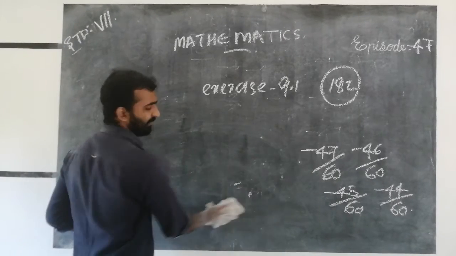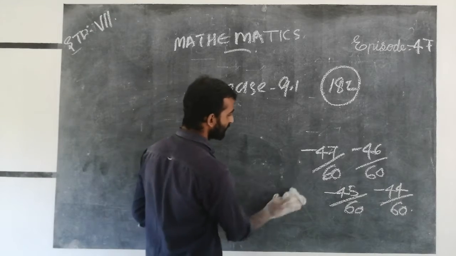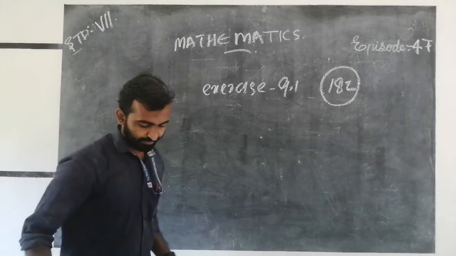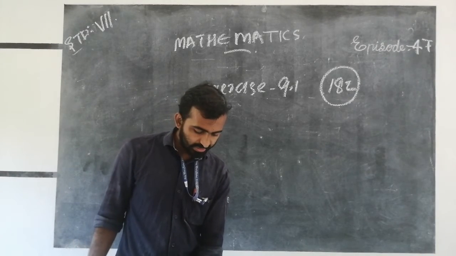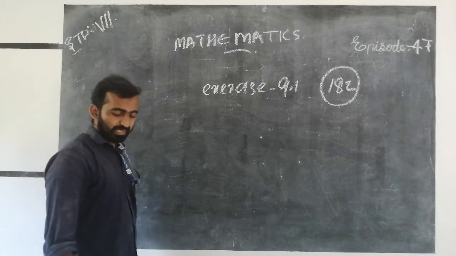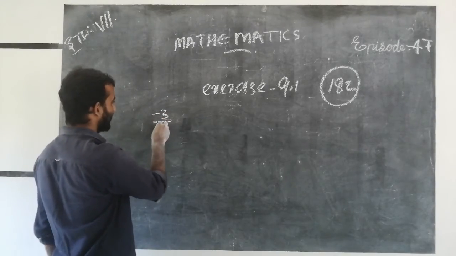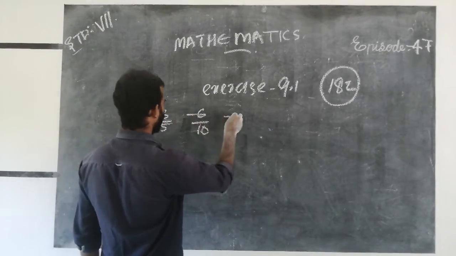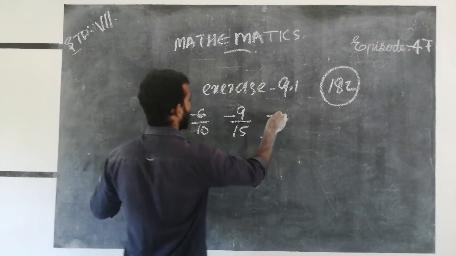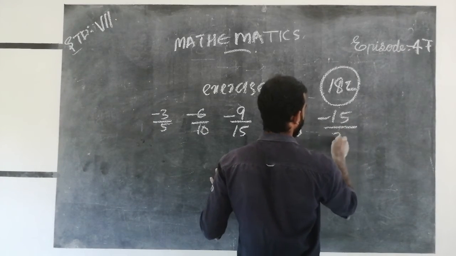And the fourth one is for your homework. The second question is: write 4 more rational numbers in each of the following patterns. Here the first pattern is negative 3 by 5, negative 6 by 10, negative 9 by 15, negative 12 by 20, negative 15 by 25.